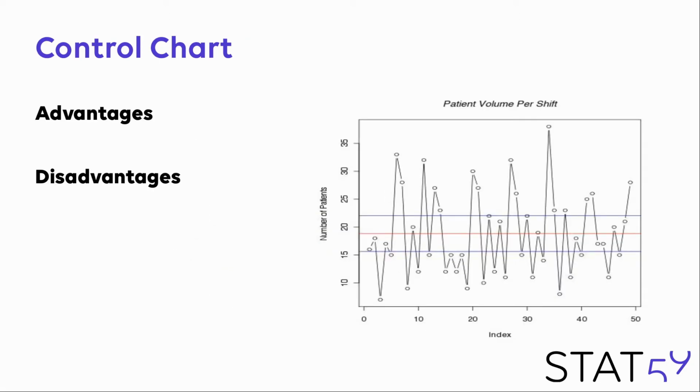So what are the advantages of the control chart? Well, the control chart is a wonderful way to provide an overall view of the data with statistical hypothesis testing. One of the problems, however, is that sometimes the control limits are mistaken for specifications. So we should be careful to describe that.